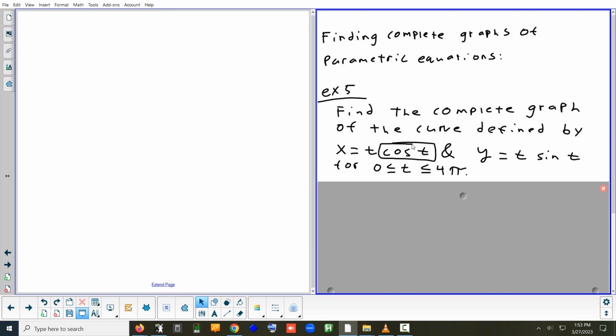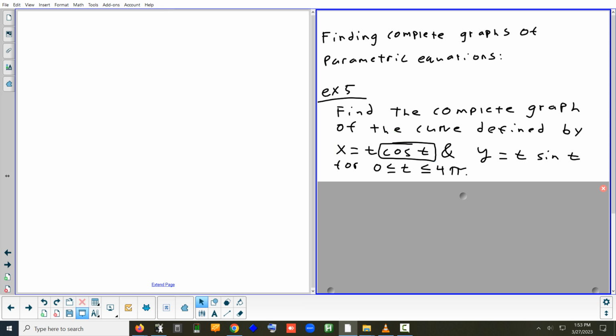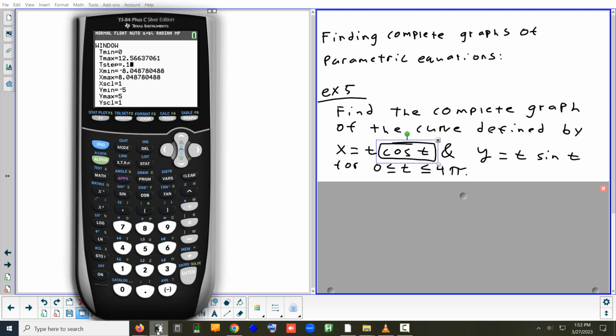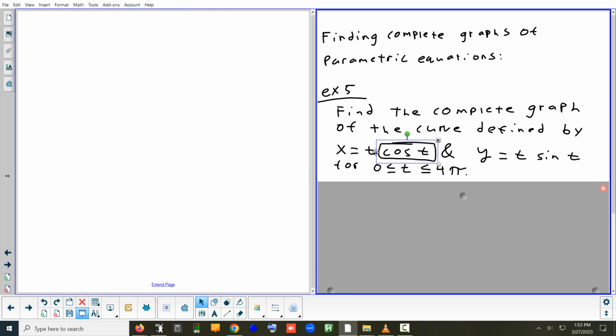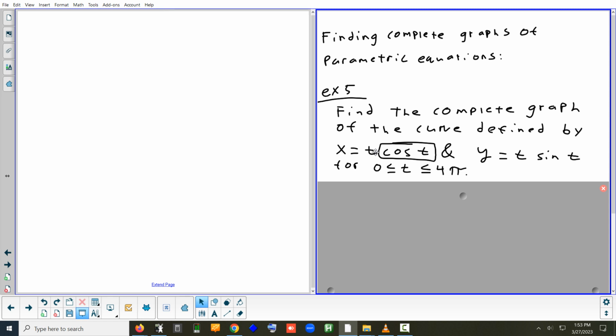Now, if everything lined up just right, and this came out to 1, as big as it could be, and t was as big as it could be, what's the biggest t could go? 4 pi. What's 4 pi times 1? 4 pi. So 4 pi is a theoretical maximum. That value could never come out bigger than 4 pi, because the biggest cosine can be is 1, and the biggest t can be is 4 pi.